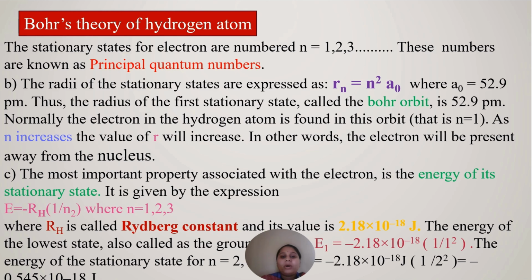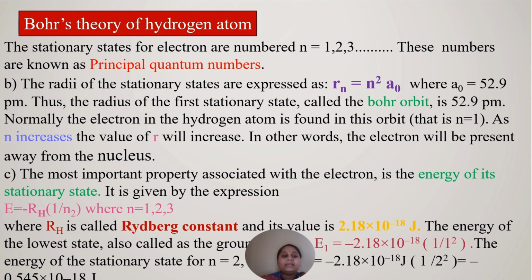The most important property associated with the electron is the energy of its stationary state. The energy of an electron in a stationary state is given by the expression E_n is equal to minus R_H (1 by n square), where n is equal to 1, 2 and 3, the principal quantum numbers.